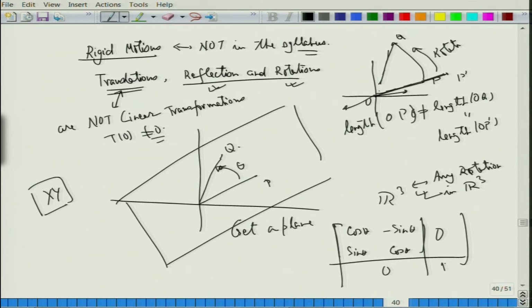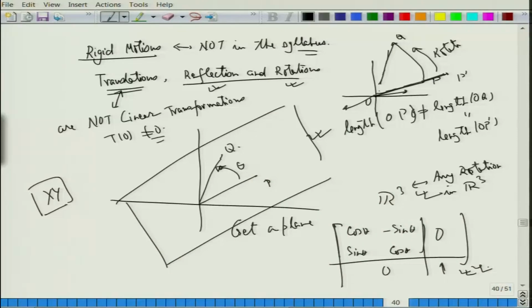The 1 here basically means that if you look at the normal of this plane, whatever is happening on the plane, the normal does not get disturbed. The normal vector remains as it is.